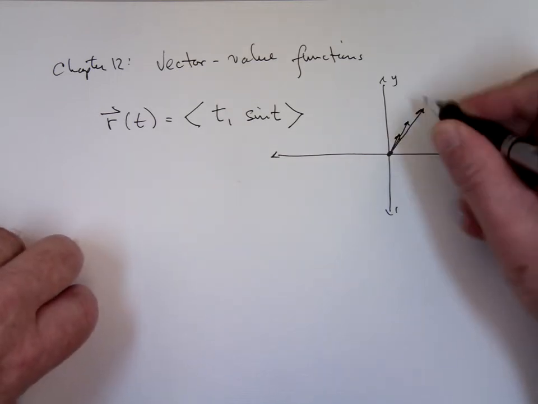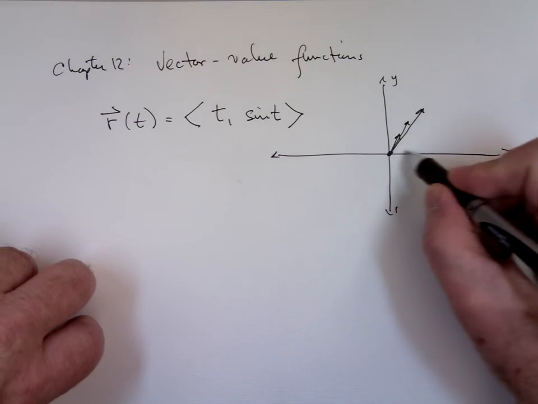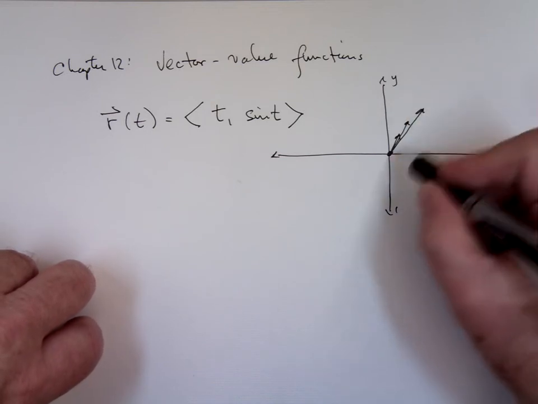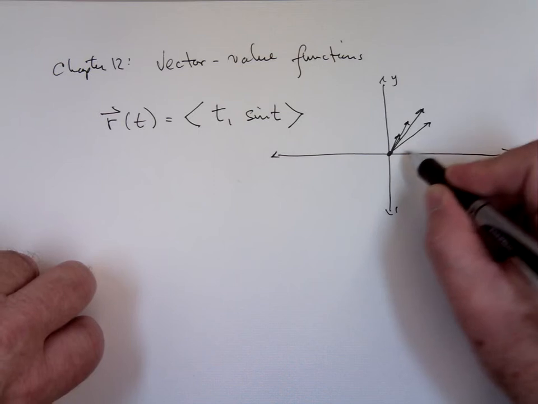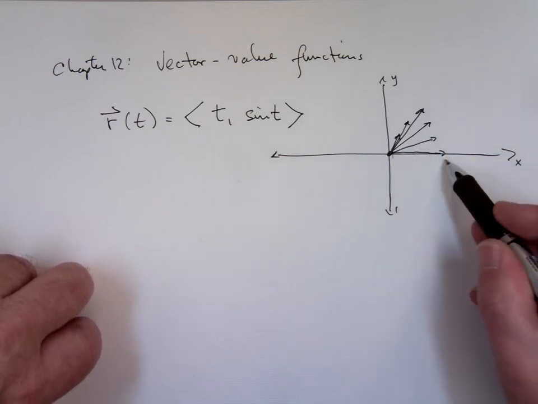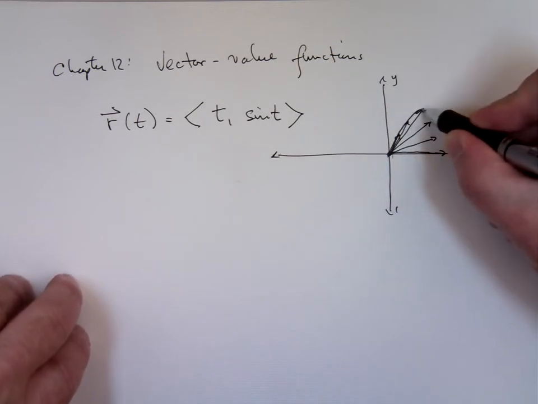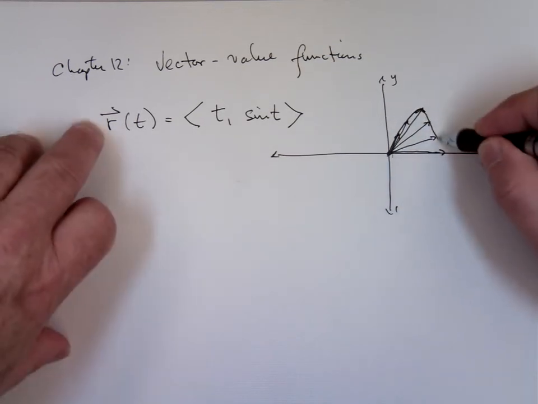And then as you continue increasing t, the sine will now start decreasing, okay? The x will increase this way, the sine will now decrease, and you'll get this, and then you get this. At pi, we'll have this vector pi, 0. So what happens is you trace a path given the endpoints of these vectors, and you're going to get this.